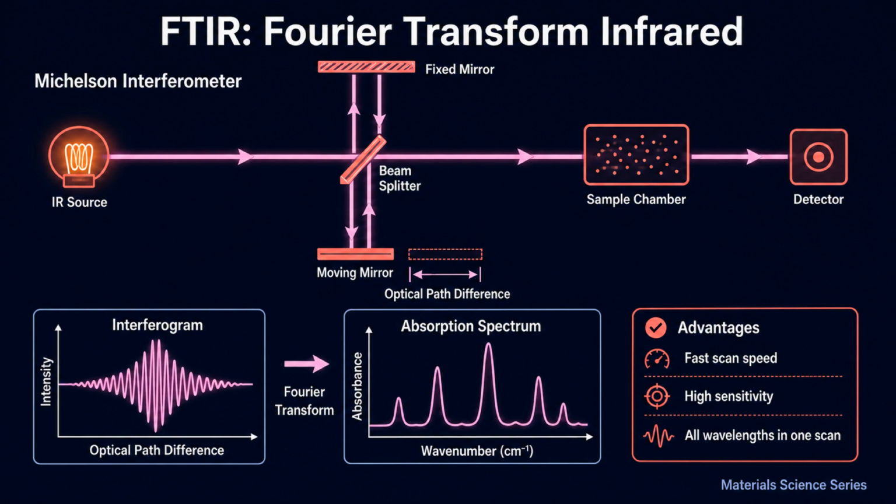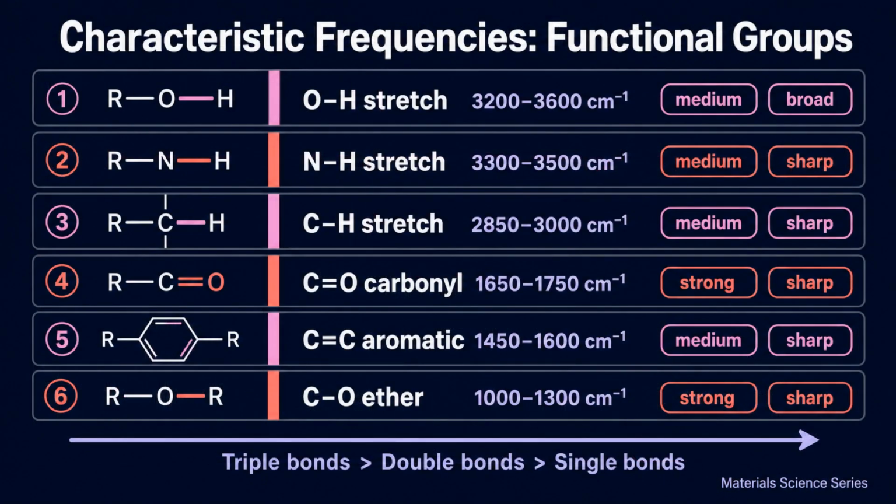sensitivity for trace analysis. Functional groups absorb at predictable frequency ranges. OH stretching appears broadly at 3,200 to 3,600 inverse centimeters. NH stretching occurs at 3,300 to 3,500. CH stretching falls between 2,850 and 3,000.